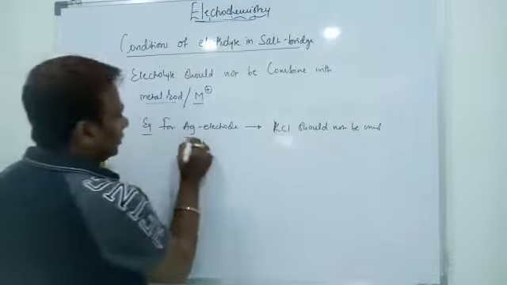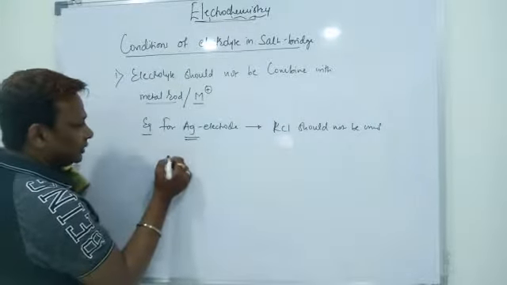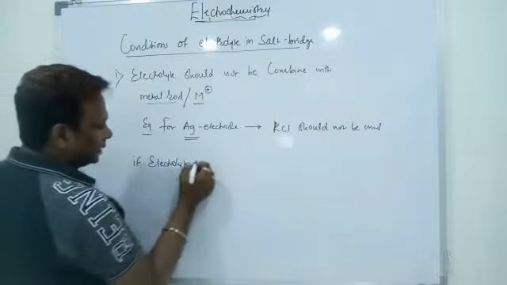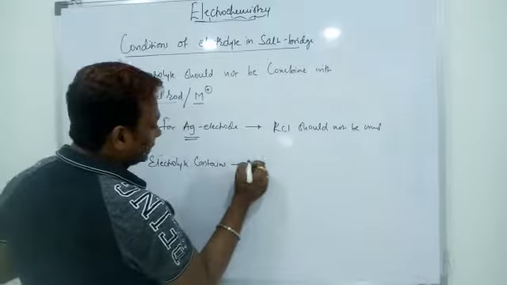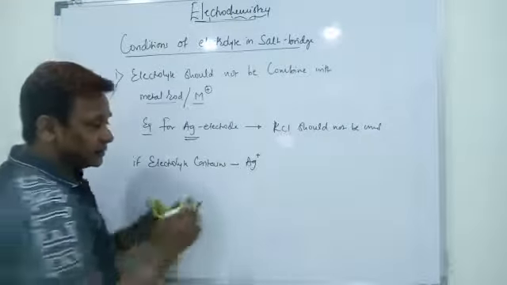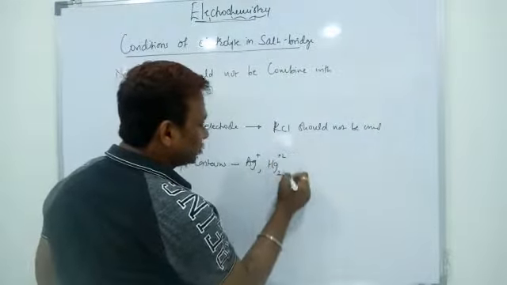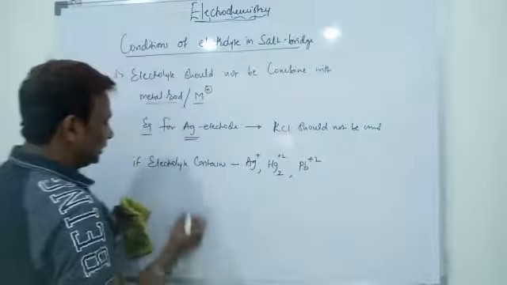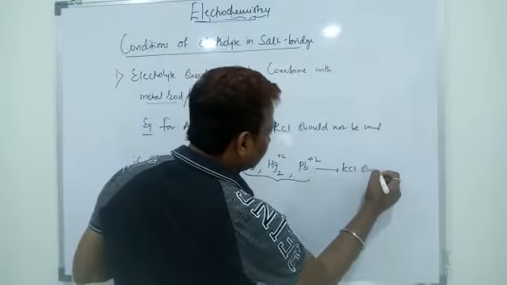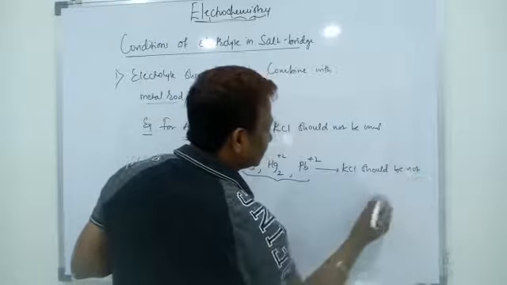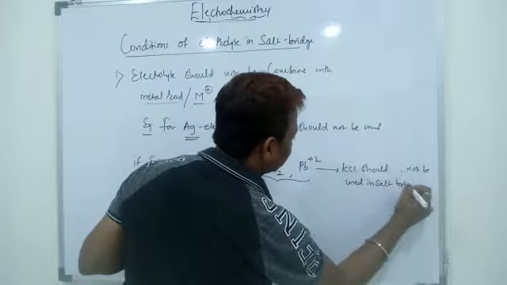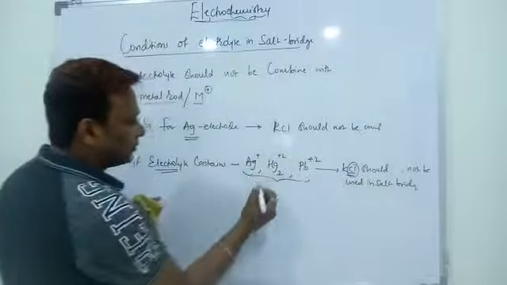Not only for the silver electrode, but if the electrolyte present in the cell contains silver ion, meaning you have taken the silver electrode kept in a salt of silver ion, or it may have a Hg2+2 ion, or a Pb+2 ion, then KCl should not be used in the salt bridge, because Cl minus will combine with all these.